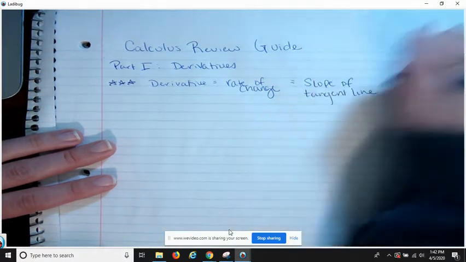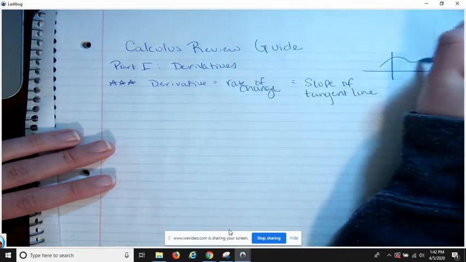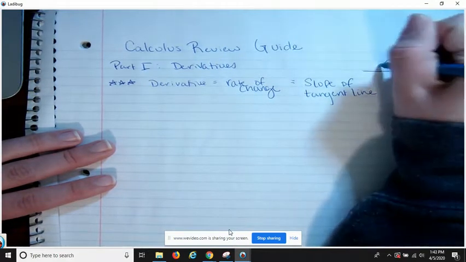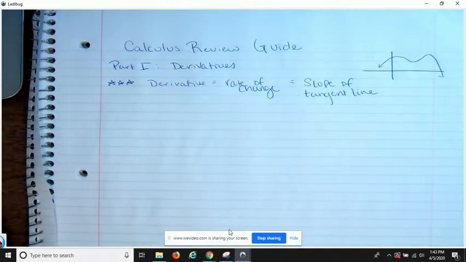Okay, so if you have a function that maybe looks like this, you will have, let me find two different colors. Sorry, got one. Okay.